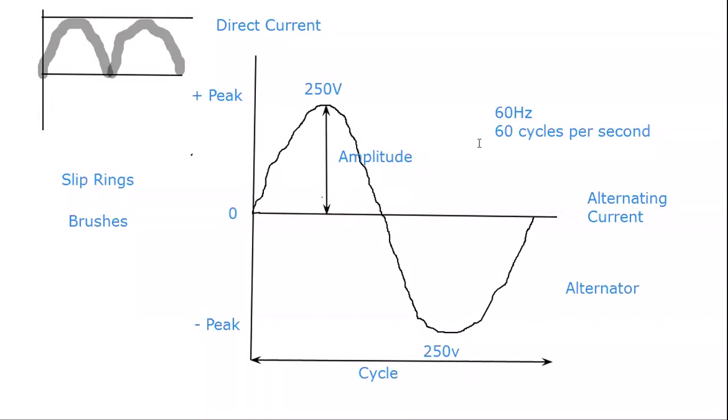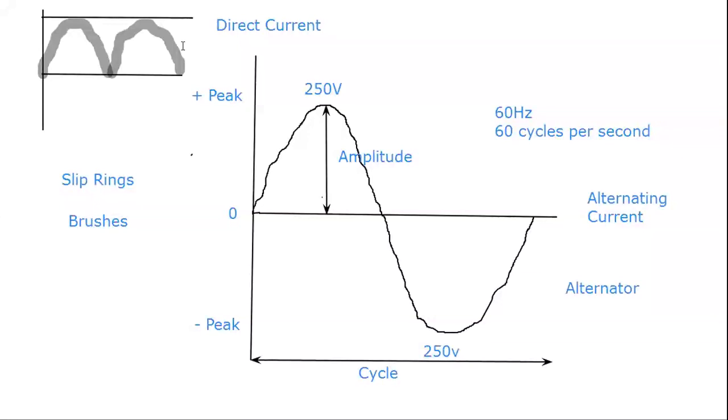Direct current will only peak on the positive side. Therefore, the current is only flowing in one direction. So it basically goes from 0 to peak positive, back to 0, back to peak positive, back to 0. And the same amount of cycles would be the same amount of cycles in your direct current.